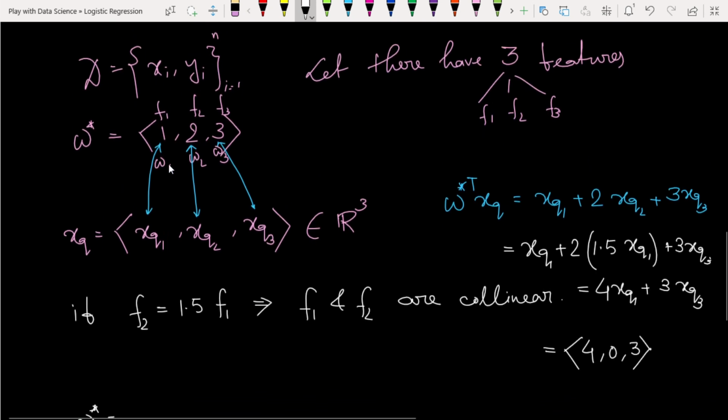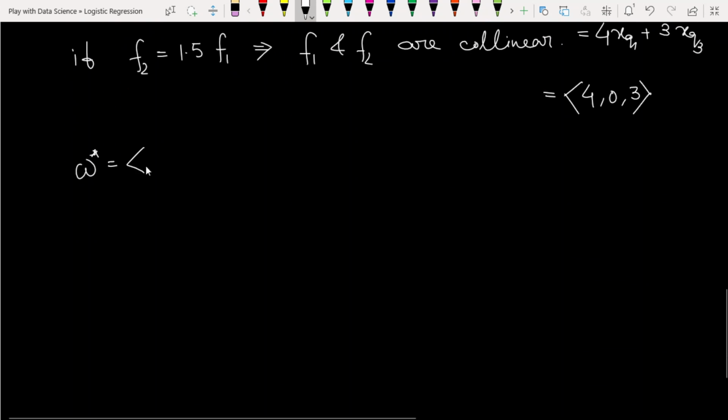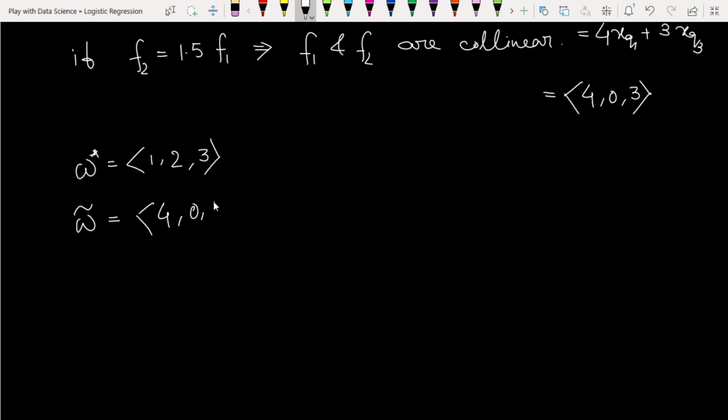We have taken w star as 1, 2, 3, but we find that the other weight vector is 4, 0, 3.